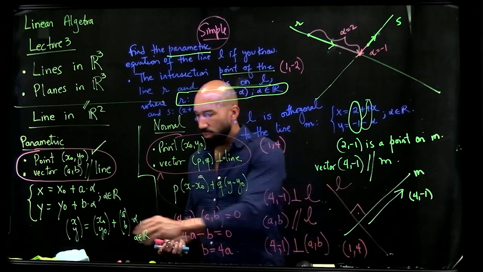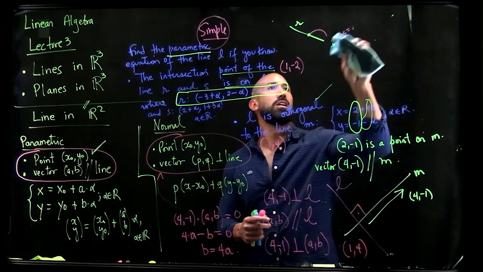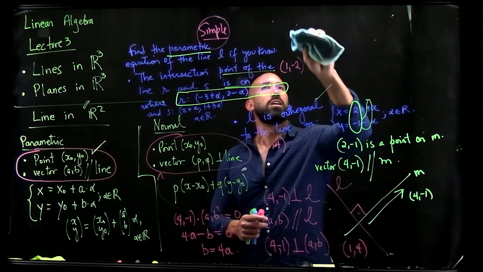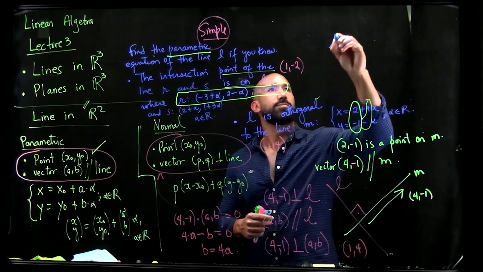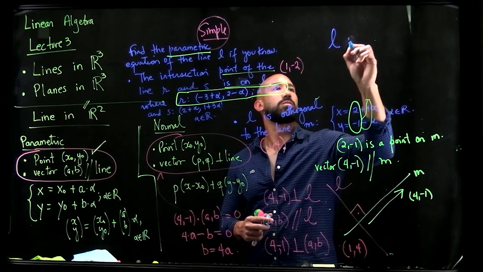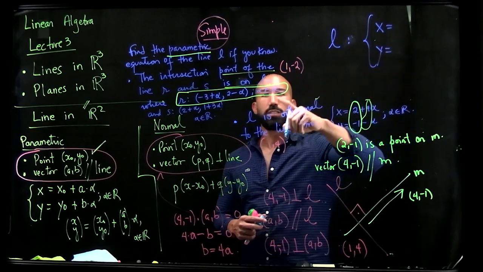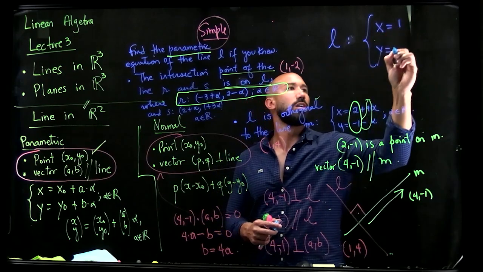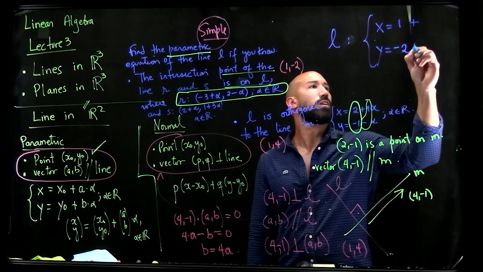So the parametric equation of the line L in this case: what is the point? 1, -2, and what is the vector? 1, 4.